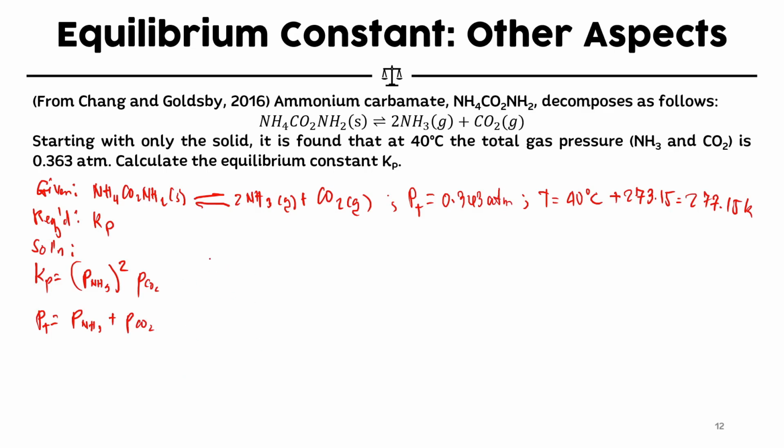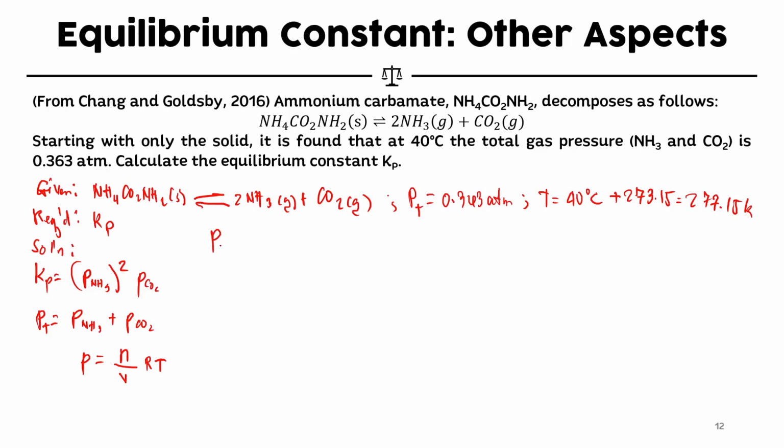Now, we have seen in the ideal gas equation that the partial pressure is equal to the number of moles divided by the volume multiplied by RT. So we will use that same model for the partial pressure of ammonia and carbon dioxide.